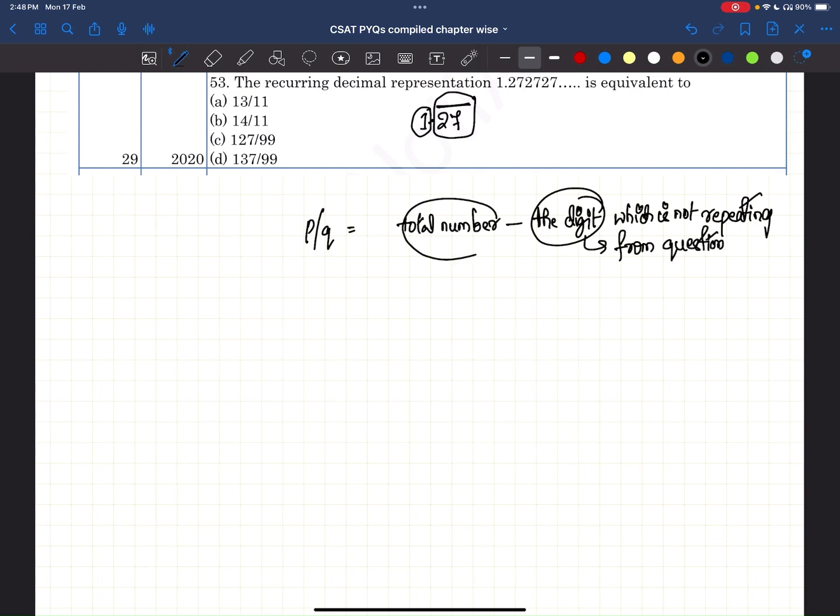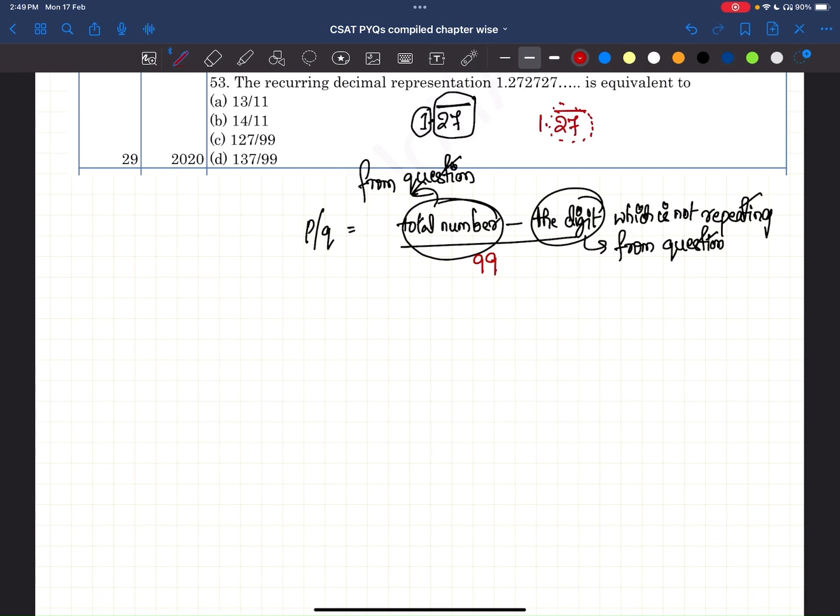Of course, this is also from the question. Now the denominator. First we'll write the number of 9s, depending on the number of numbers recurring in the question. That means here 1.27, where only these values are repeating, right? That means two values are repeating, so we'll take two 9s.